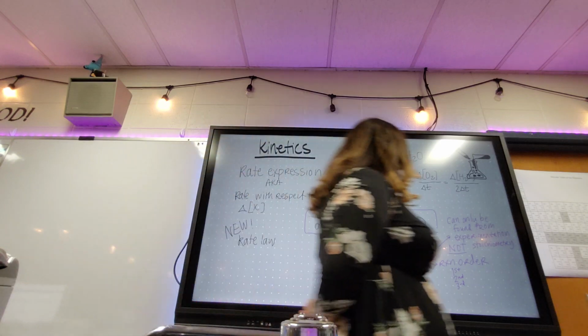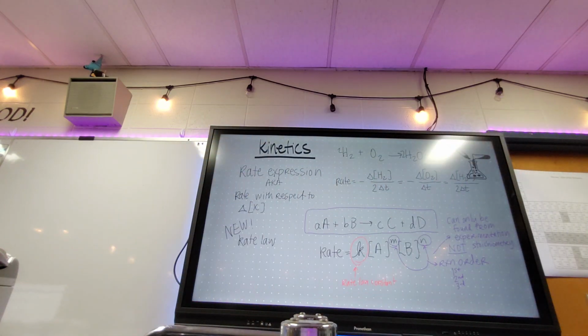So what does this mean? If you want to know what the reaction order is, you have to do a bunch of experiments and then change the amount of reactant that you're starting with. So maybe it's kind of a lot of trial and error. You would try one thing and then you would make an adjustment and try it again and measure how fast or how slow the reaction is going.